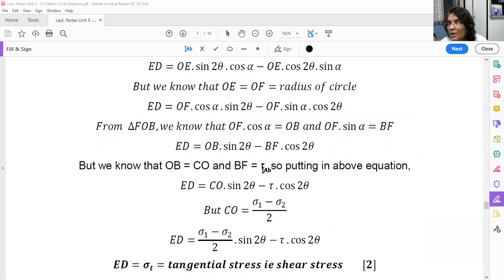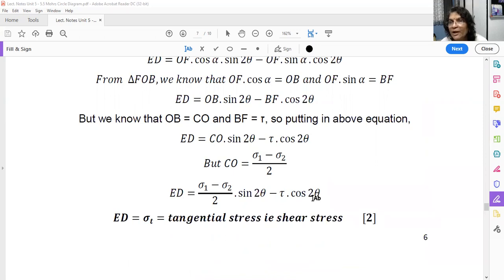And this BF is tau, as I told you. So put OB is equal to sigma 1 minus sigma 2 by 2 and BF is equal to tau. So this is your final formula. ED, that is sigma T. ED is nothing but sigma T now. Okay, so sigma 1 minus sigma 2 by 2 into sine 2 theta minus tau cos 2 theta is ED. This is a tangential stress.